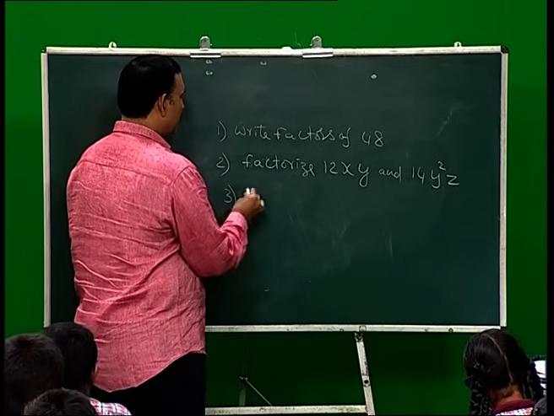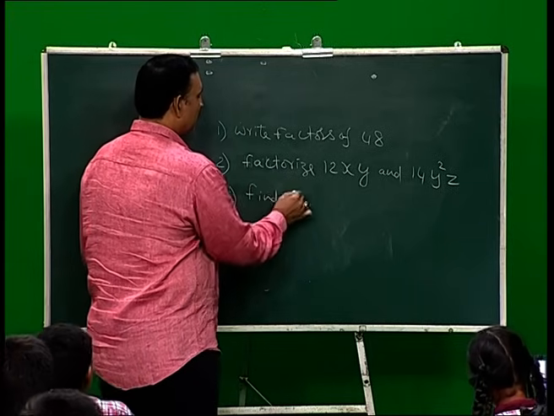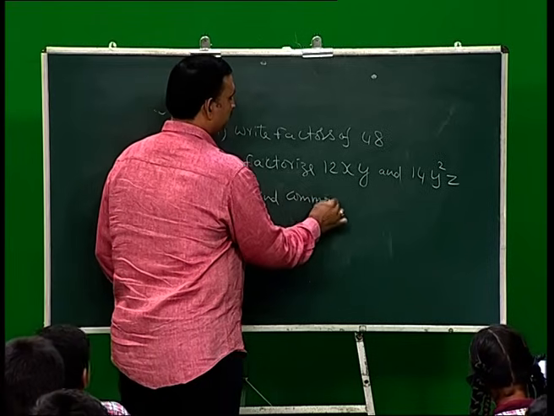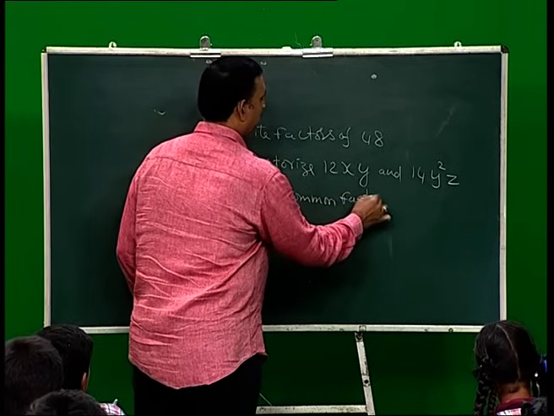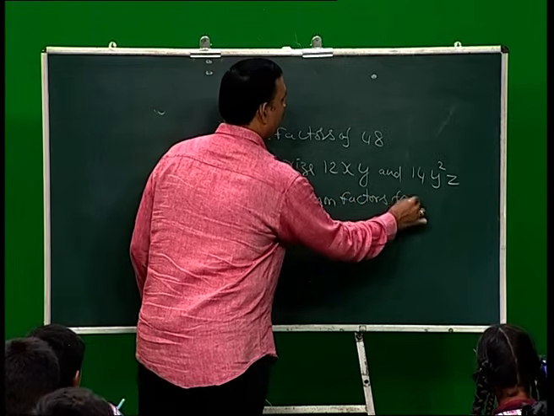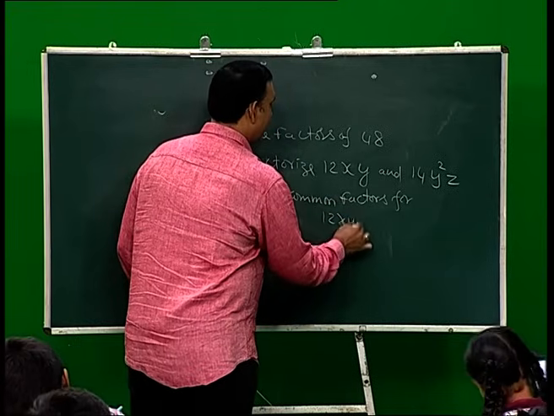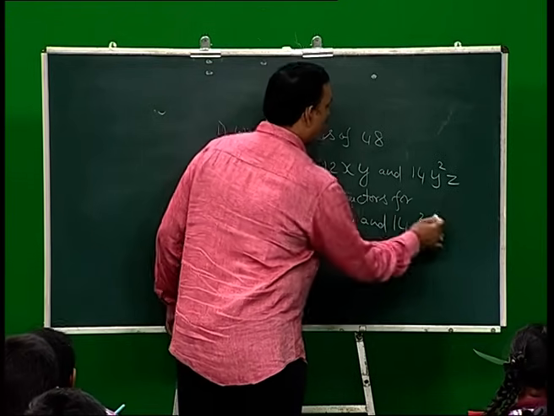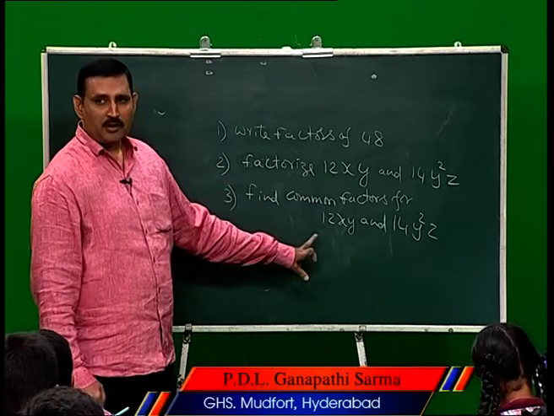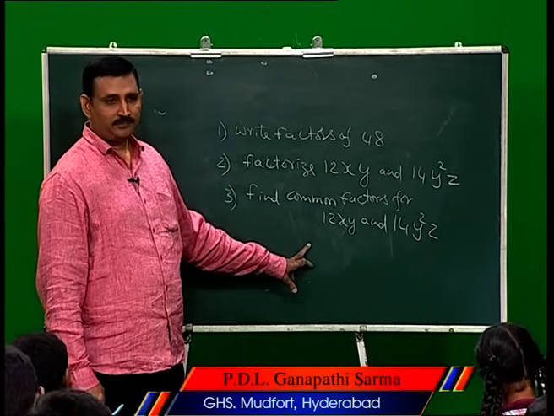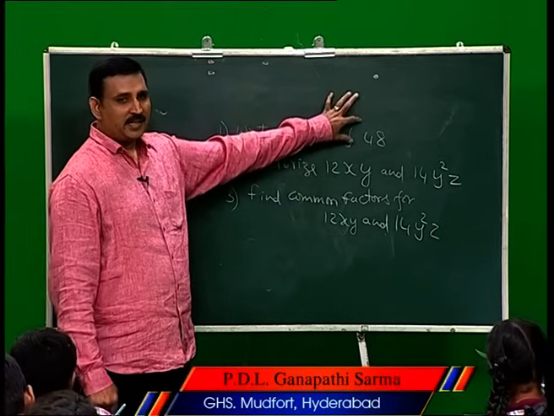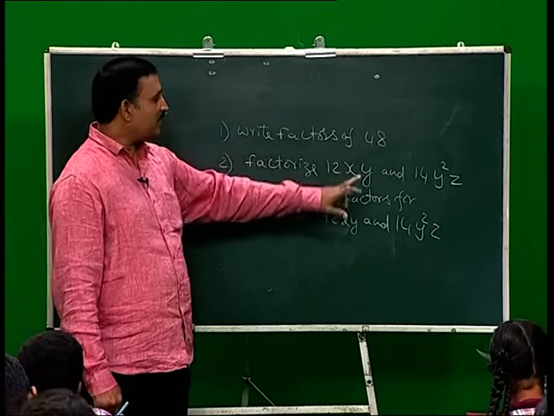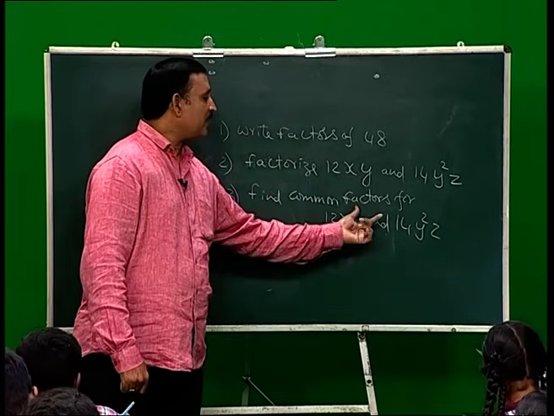The third one is find common factors for 12xy and 14y square z. Whatever factors you found, for those you have to find the common factors. Just split this into a product of prime factors, then write factors for this and take common factors.